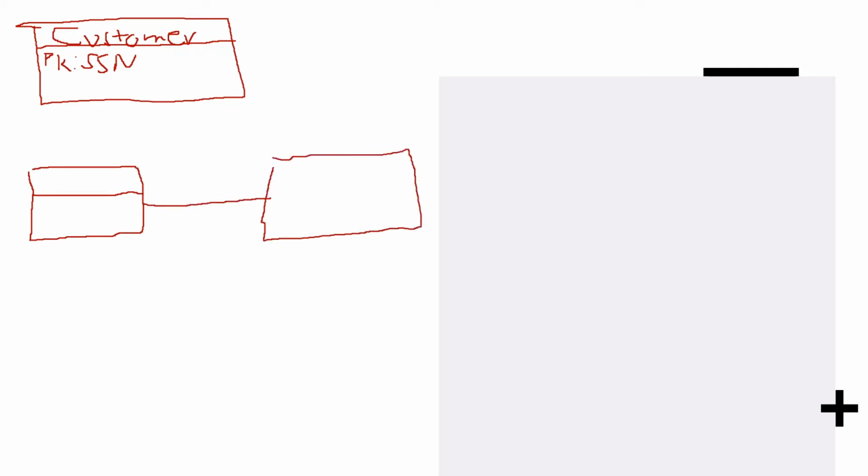Now, on the other hand, let's say we create two more entities here. We're going to create one here, like so, and then we're going to have it connect to another entity over here, like so. We're going to name these ones, let's say, a sale here, and an employee here.